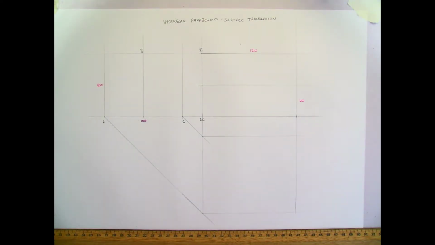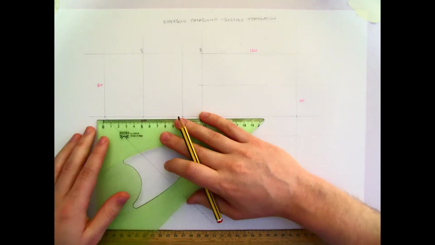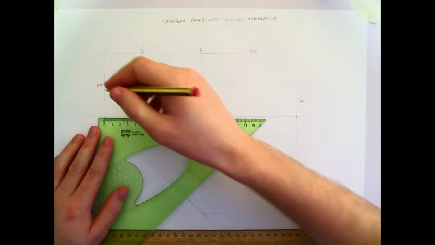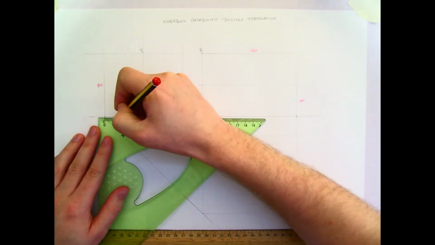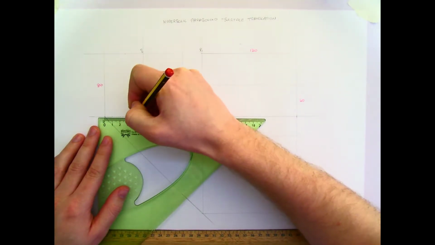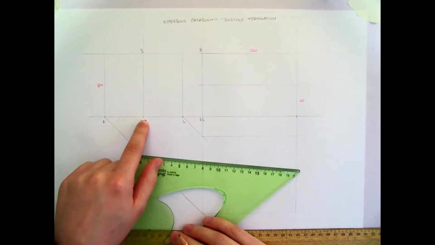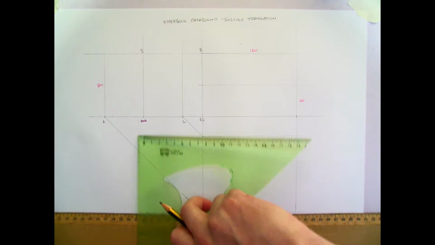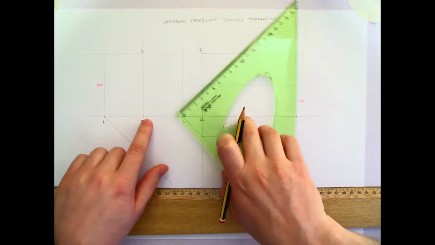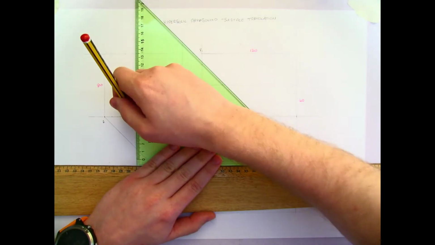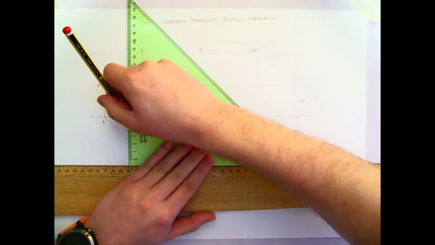So I'm just going to start by drawing my parabola here on the left hand side. I'm going to divide this up into a number of equal parts. So I can get 5 equal parts straightforward enough out of this. This is my axis running from B down here. The ones that are perpendicular to the axis, the ones that start on the line that's intersected by the axis, are drawn parallel to the axis.